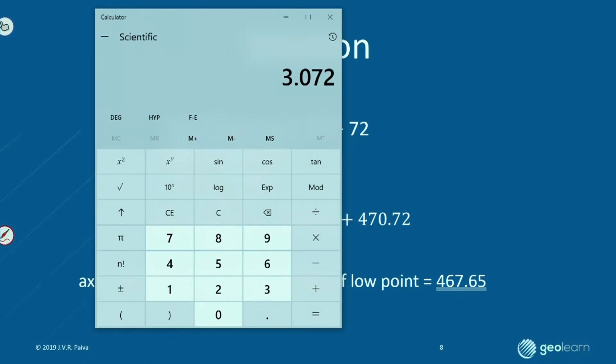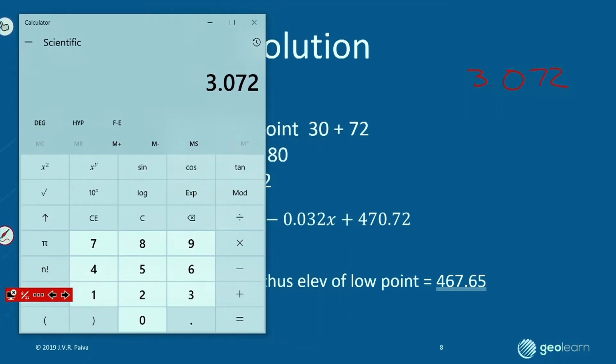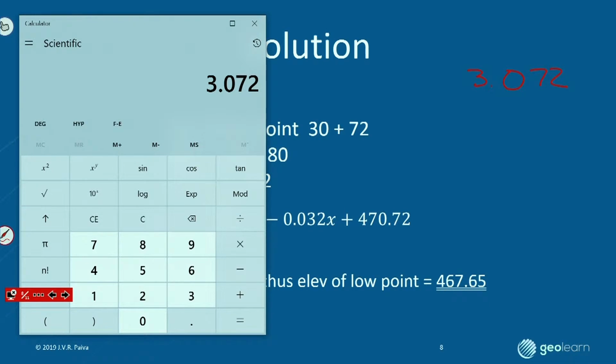So we get 3.072. Then we do the next part, which is 0.032x. So 0.032 times 192 equals 6.144, but it's a negative number.